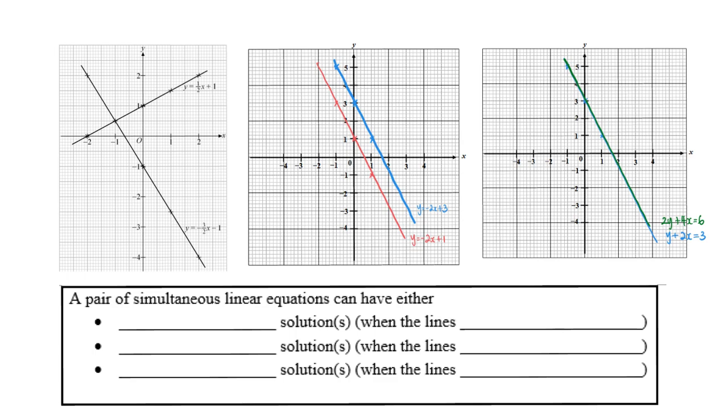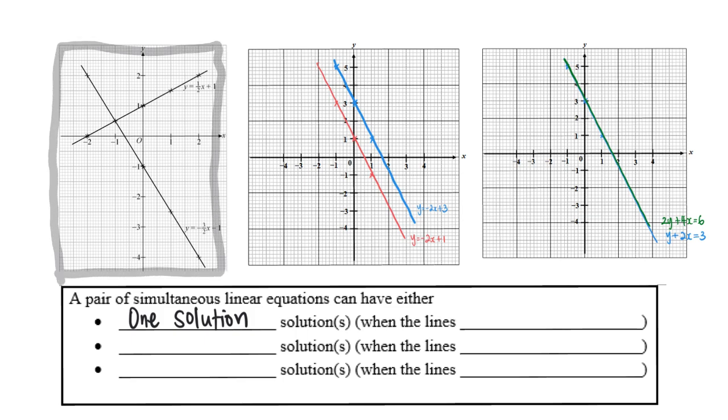So a pair of simultaneous linear equations can either have one solution, which is the case here, highlighted when the lines intersect. That's the point of intersection.